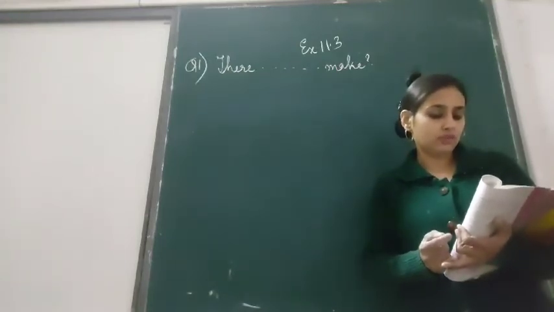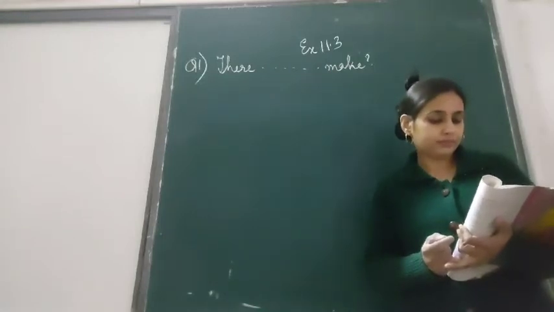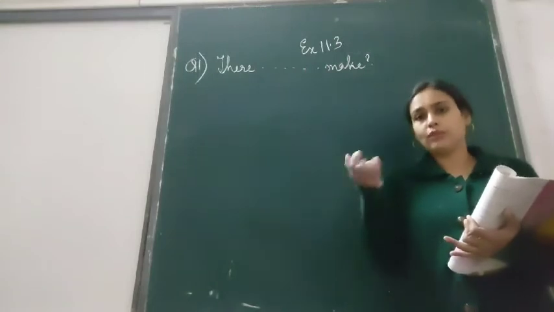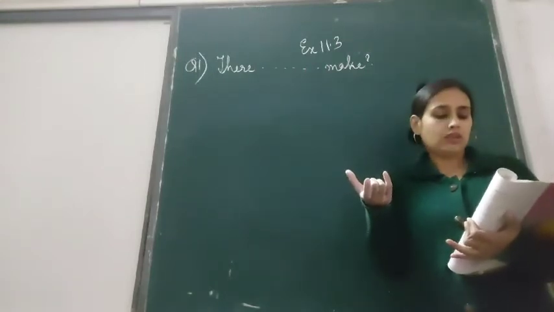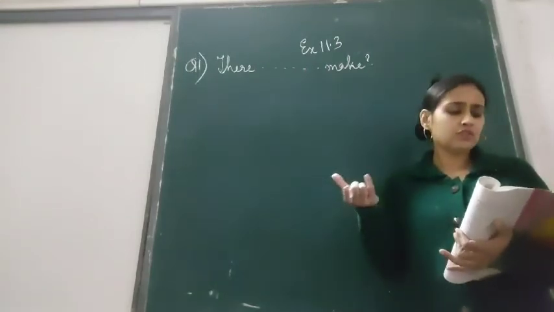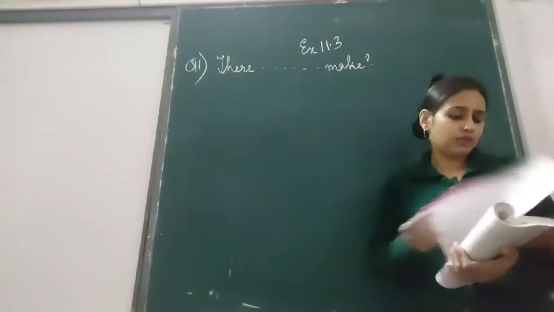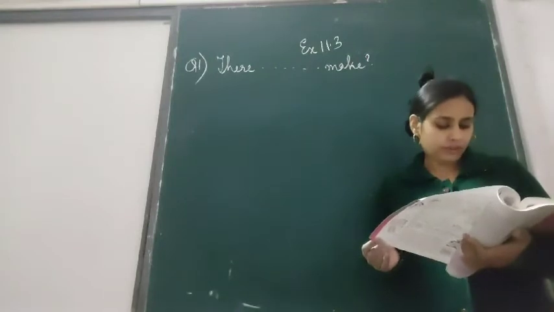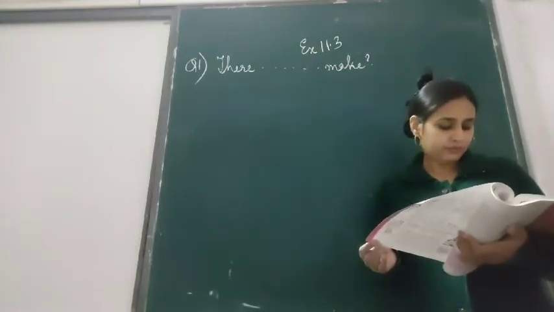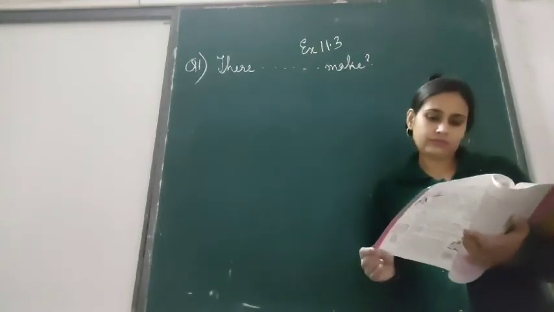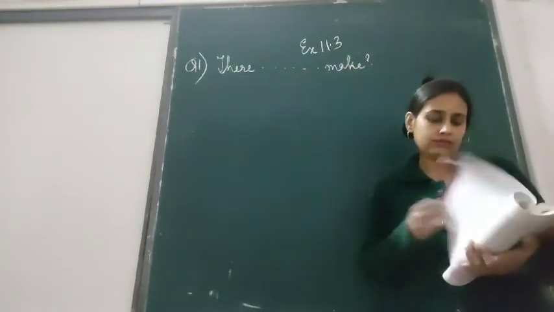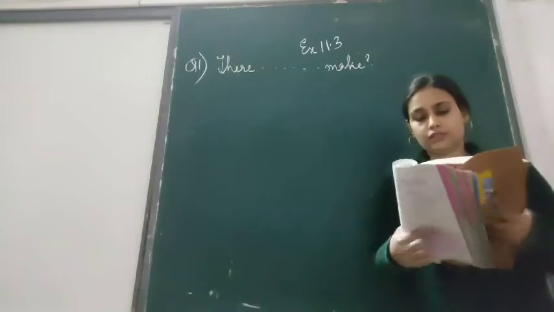Either you find out the surface area, or you can do it with the volume. How much volume they will cover? Either you do it with the total surface area, or you can do it with the volume. Either of the two things.